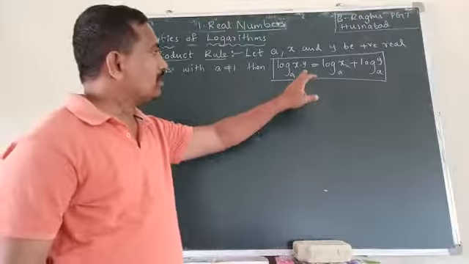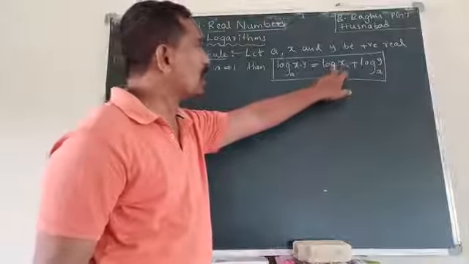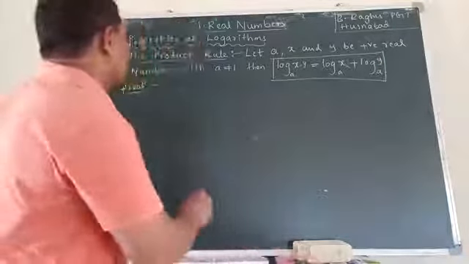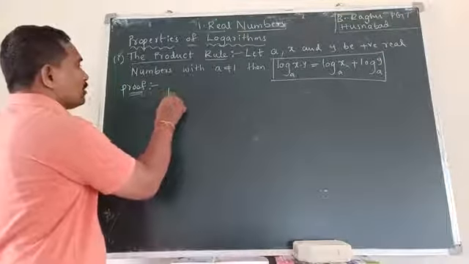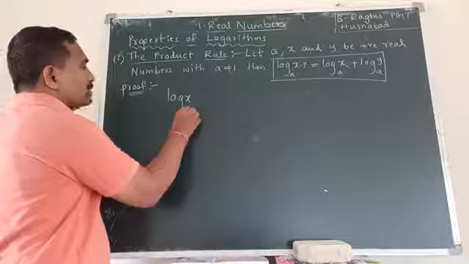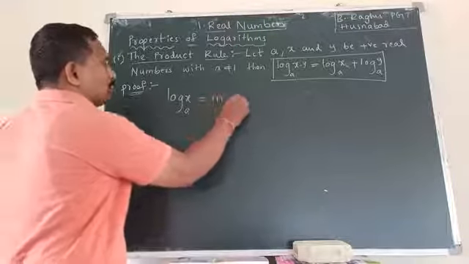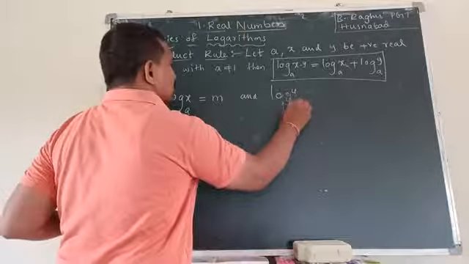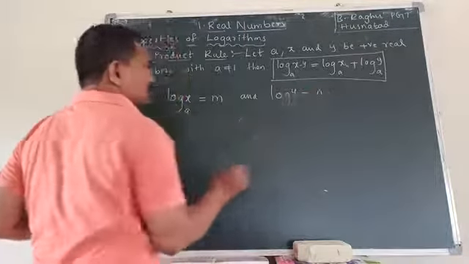See here, how many logarithm terms? Log x base a, log y base a. So let us assume log x base a equal to m and log y base a equal to n.